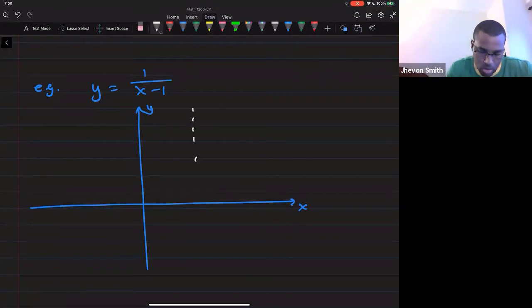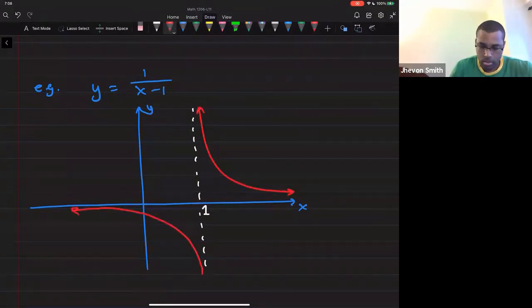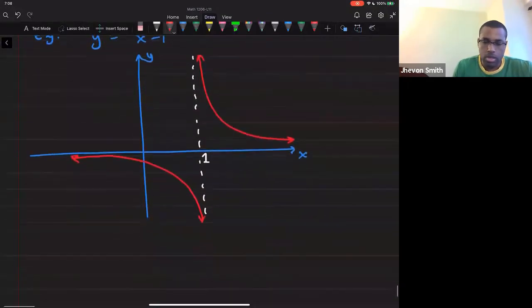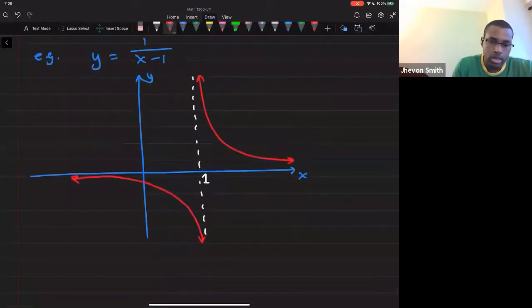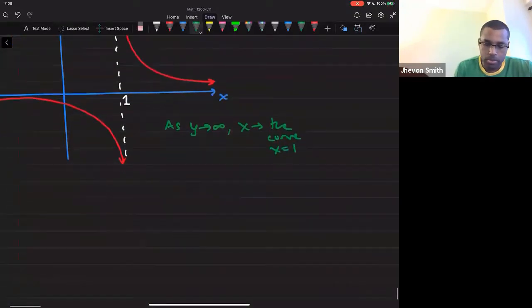So this curve would look like that. Okay. So notice that as your y approaches infinity, your x approaches the curve x equals 1.